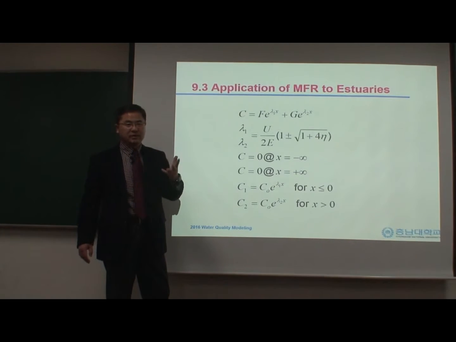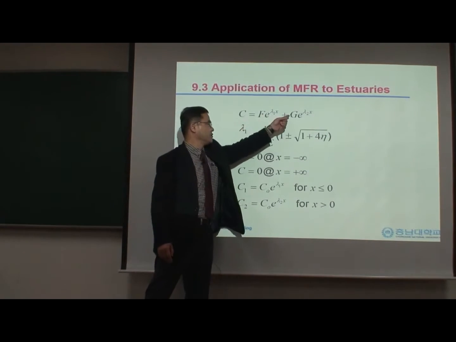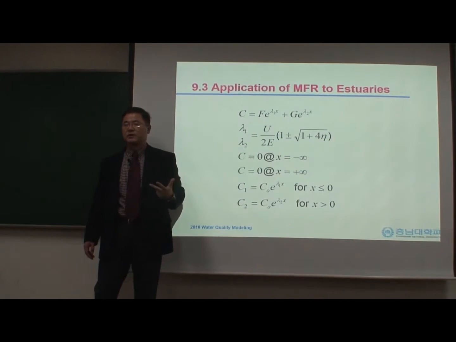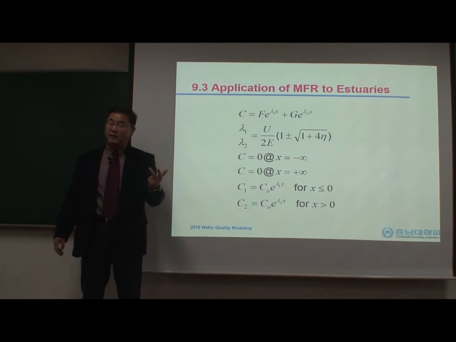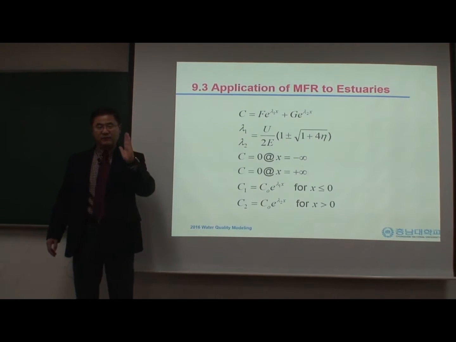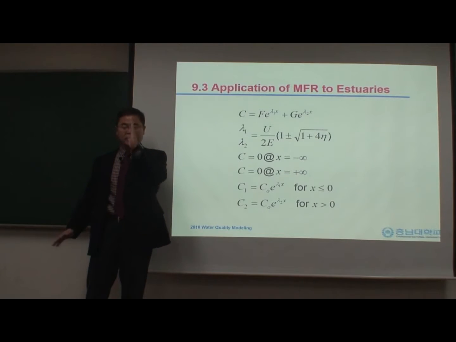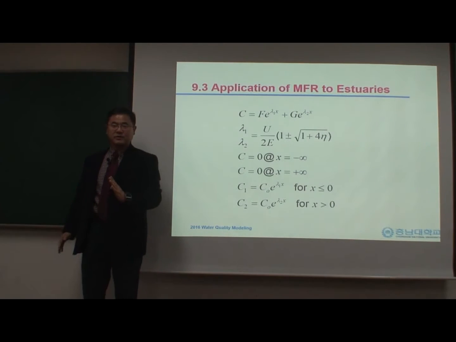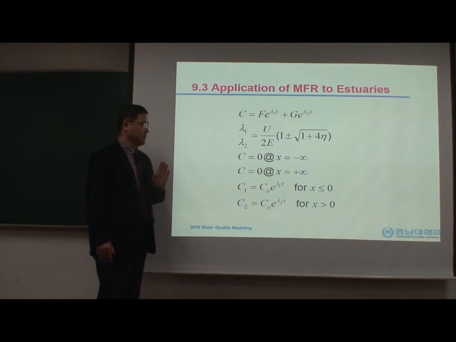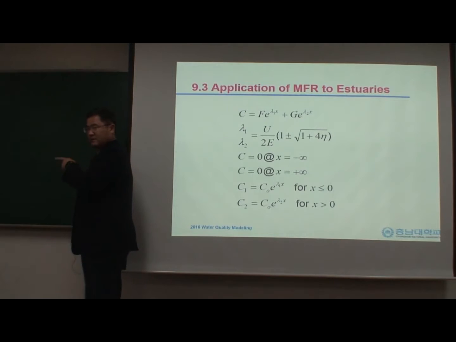Because we wanted to calculate 2 unknowns, and if we have 3 equations, we are in trouble. So we want 2 unknowns and 2 equations, so we'll separate the situation, assuming we are going to have a different solution in this case and that case, right?